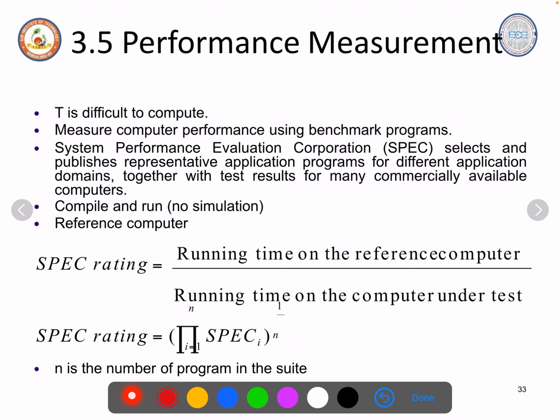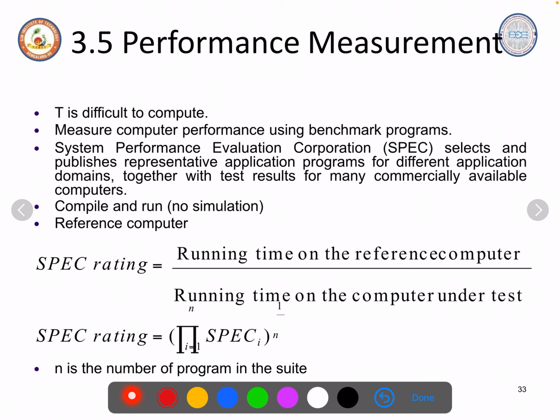SPEC is the System Performance Evaluation Corporation. They select and publish representative application programs for different application domains, together with the test results for many commercially available computers. You need to compile and run them, with no simulation part. You take that with respect to the reference computer.